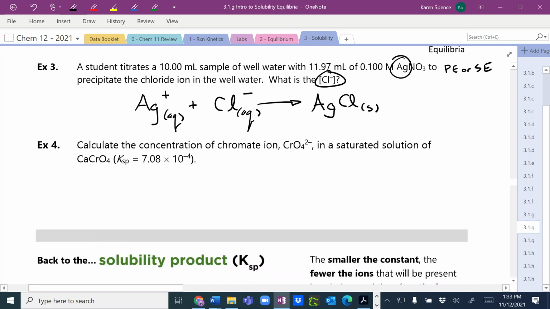Calculate the concentration of chromate ion in a saturated solution of calcium chromate. Chat with your partner, decide, do we want a precipitation equation or a solubility equilibrium?